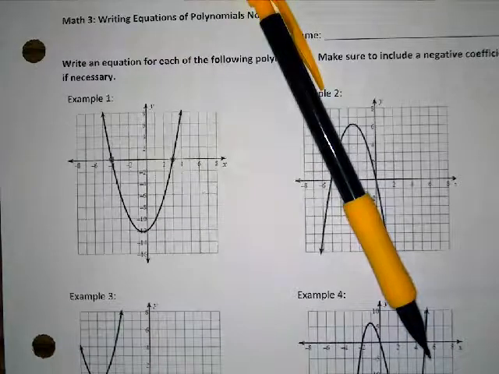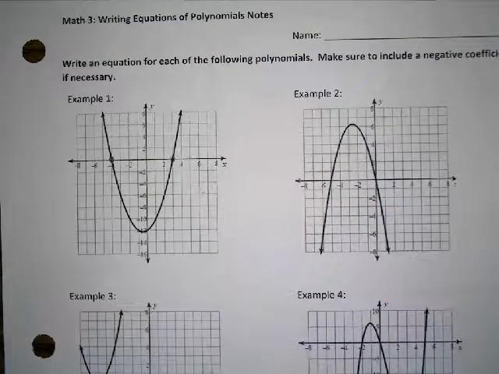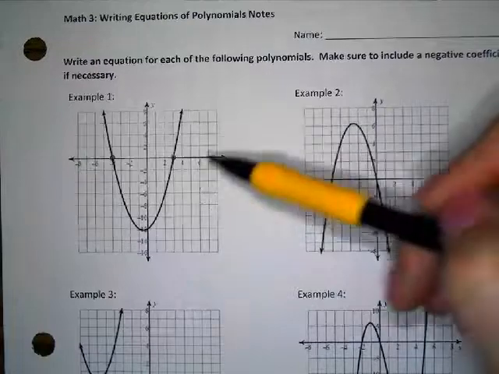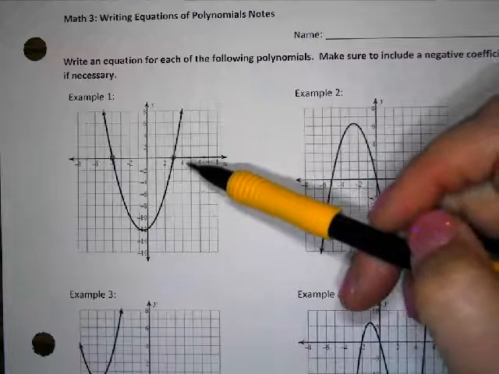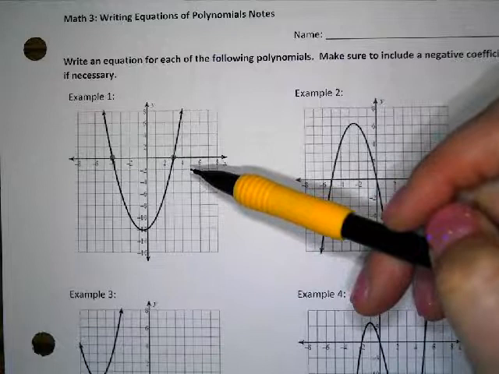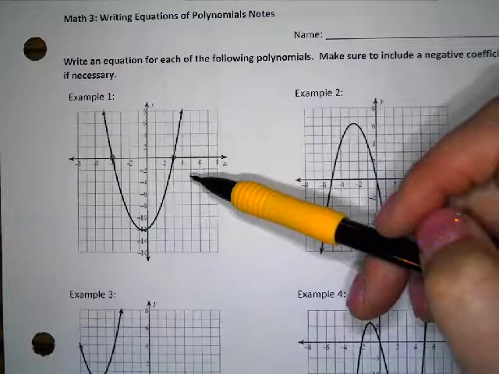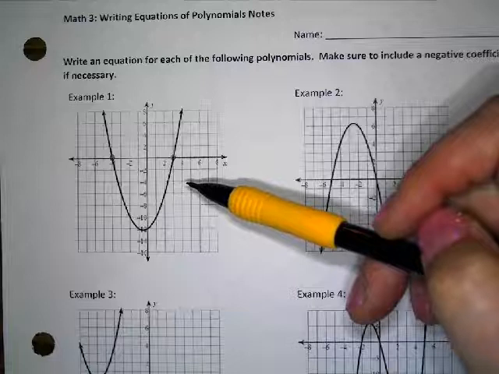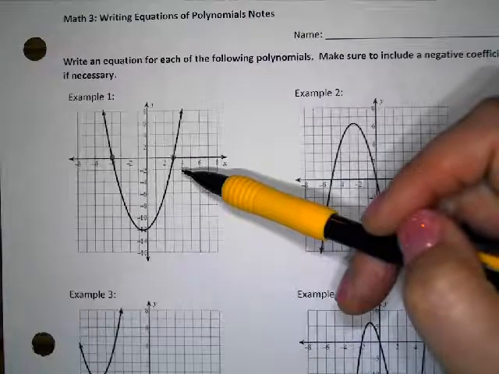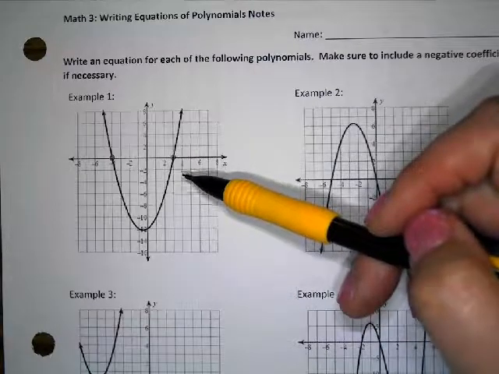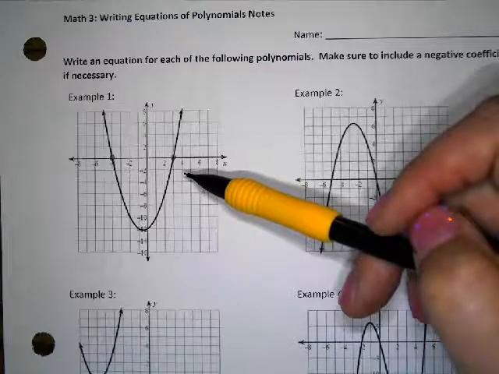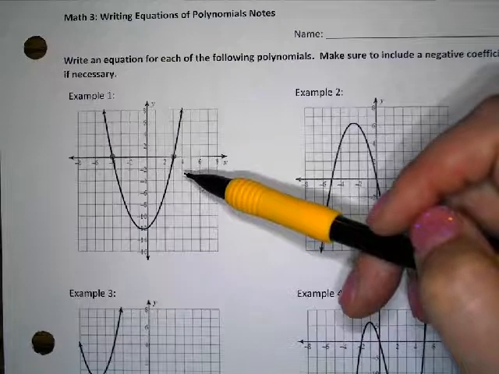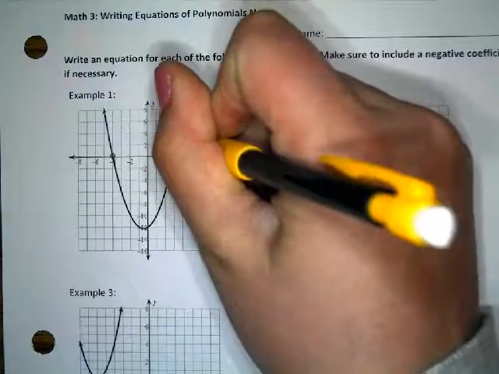So can somebody tell me what those are? All right, so we have two x-intercepts. We got 3, we got -4. So if we have 3 and -4, does anyone remember how to write them in the factored form? How do you put it in parentheses?